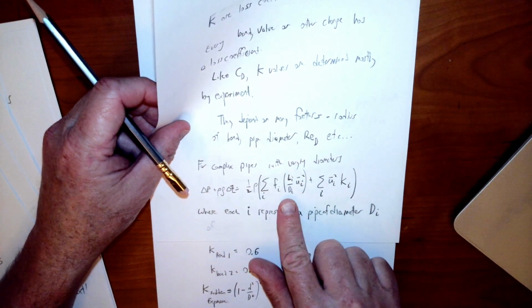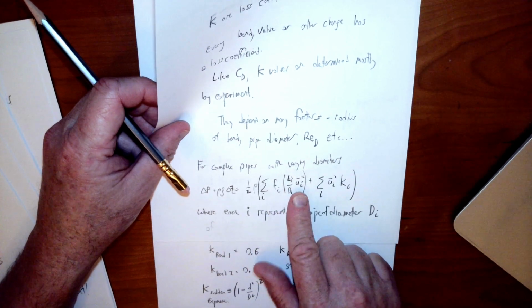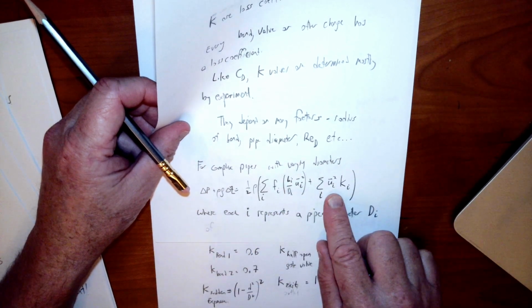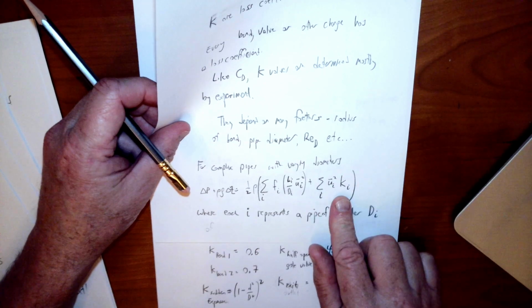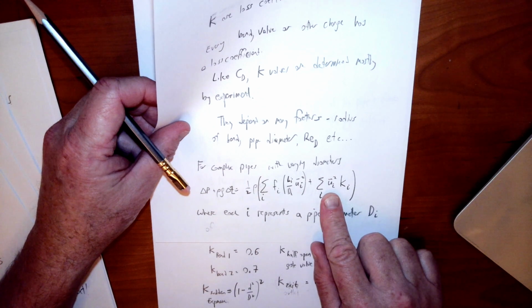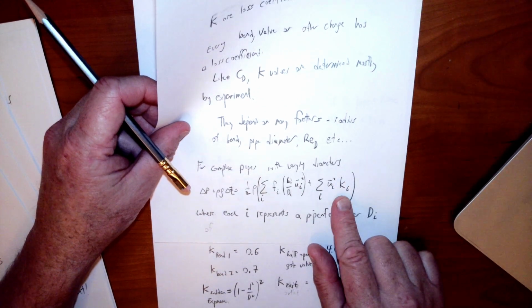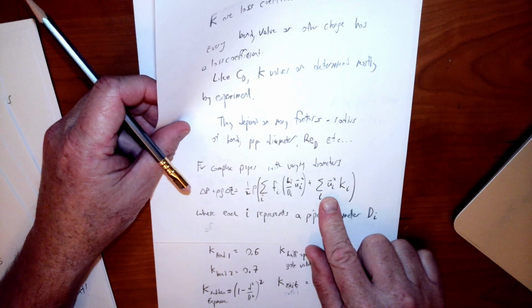So you have 2 different pipe diameters, so you have 2 different f's, 2 different L's, 2 different D's, 2 different u's, and then you're going to have these different loss coefficients, and they each go with one or the other velocity. There are going to be 2 different velocities in this problem because they're 2 different pipe diameters.